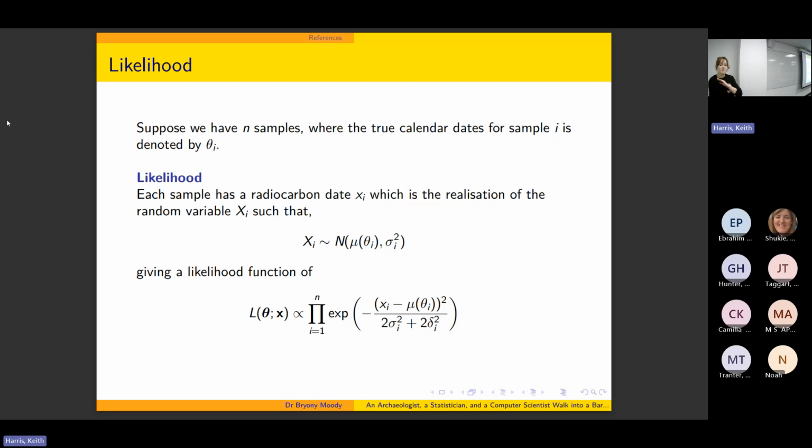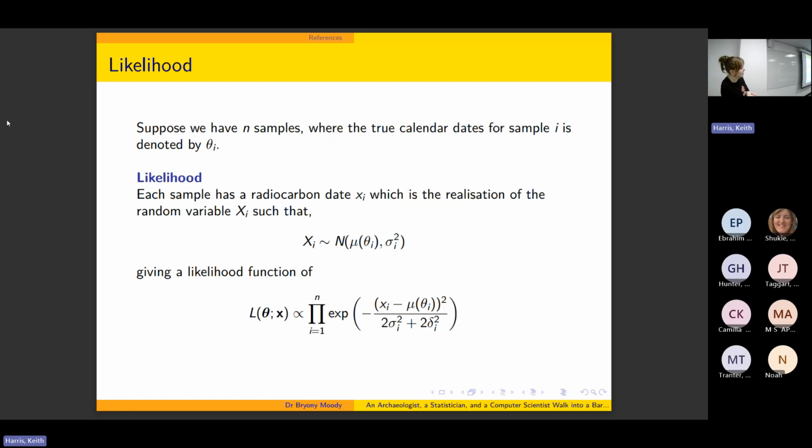So if we convert everything back to the radiocarbon scale, we're able to plug in each possible theta that we think a sample could take and work out a probability for each of those values of theta, and then you get a likelihood. So what initially seems like a difficult problem, because there's no one-to-one relationship, is fine, because we can get probabilities or likelihoods for each of the thetas by converting back to the radiocarbon scale and calculating those probabilities on that scale. So that's how we do that.